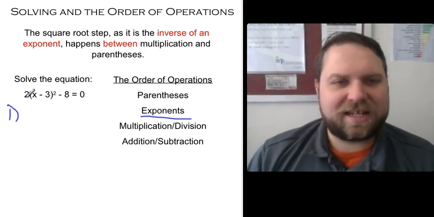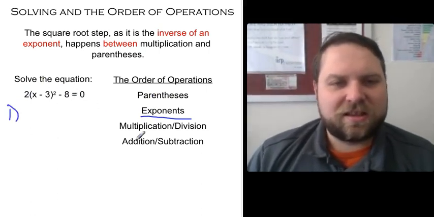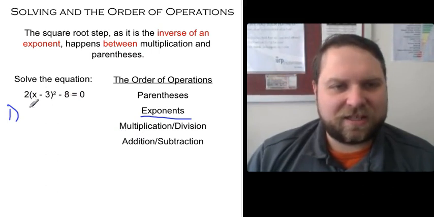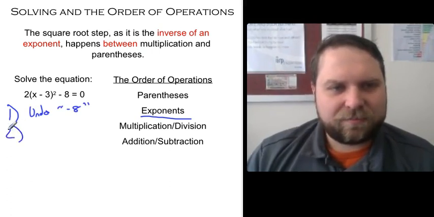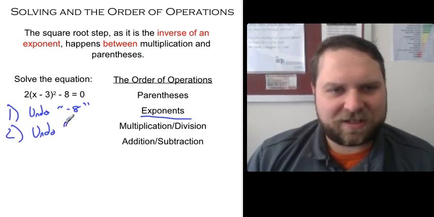So if I look at my steps to solving this equation, the first thing I do is undo any addition or subtraction. In this case, I would undo the negative 8. Then I would undo any multiplication or division, so I would undo that multiplying by 2 that's happening right there.